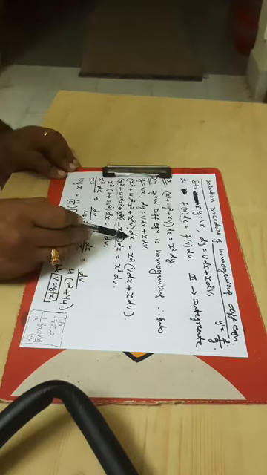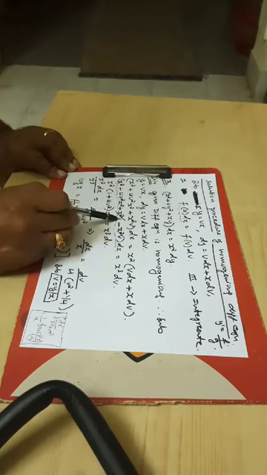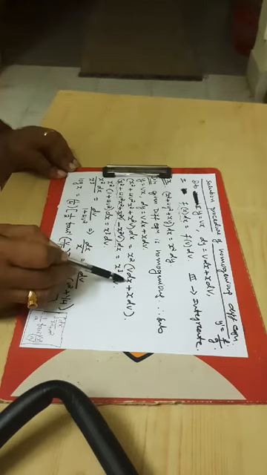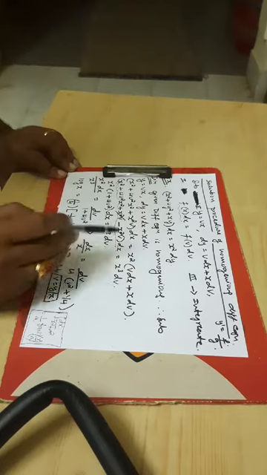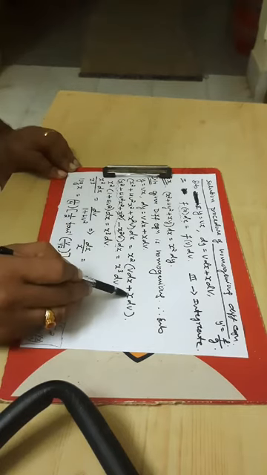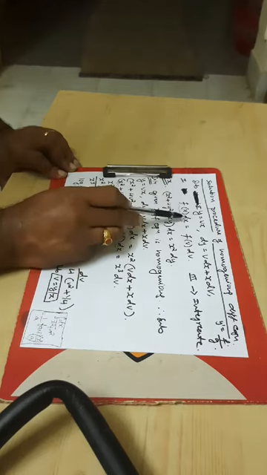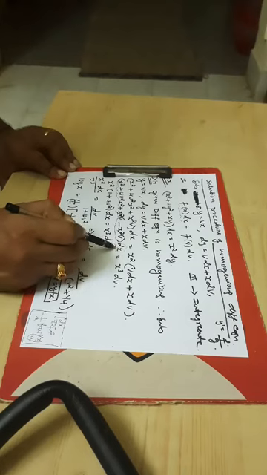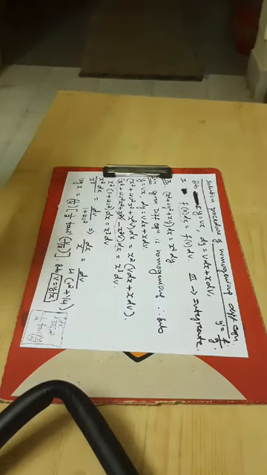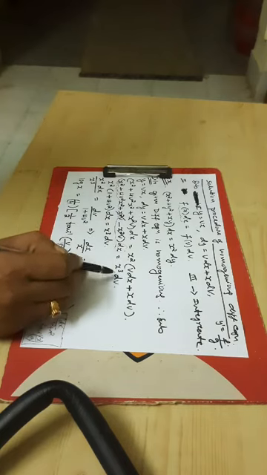So taking dx as common factor, (x² + 4v²x² + x²v), and x²v, bring it to this side, minus x²v. What is remaining is x² into x dv, that is x³ dv. That means it should follow this form: first collect the terms which contain dx, next collect the terms which contain dv.